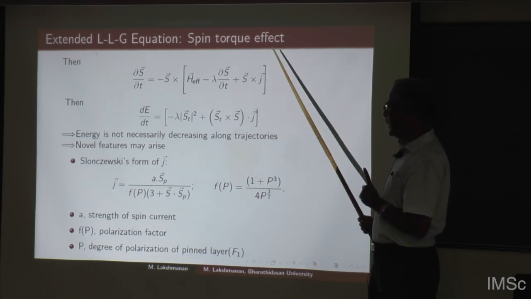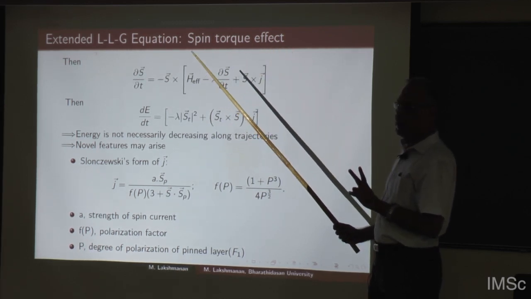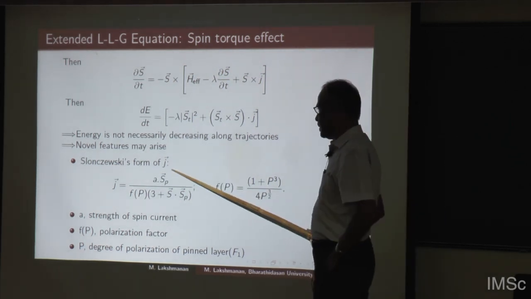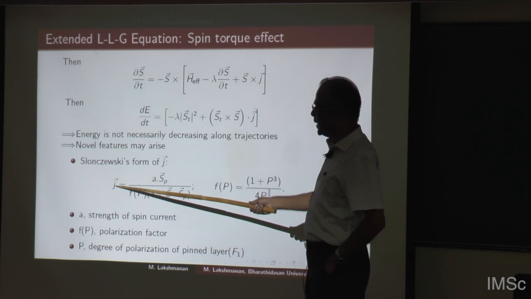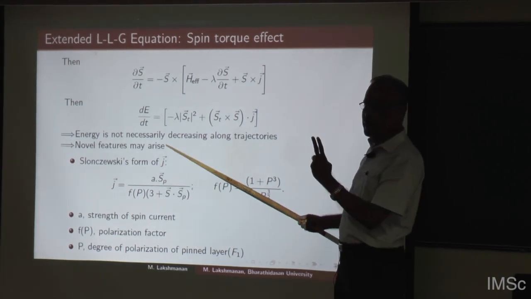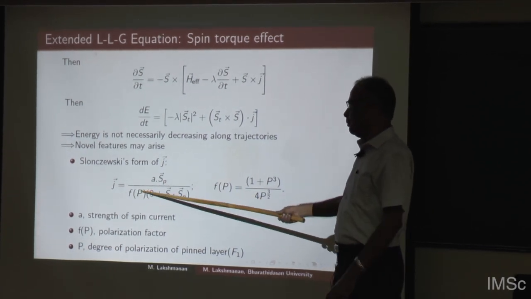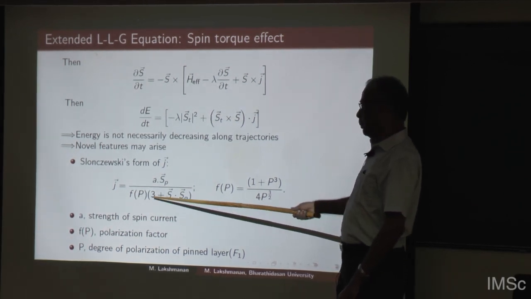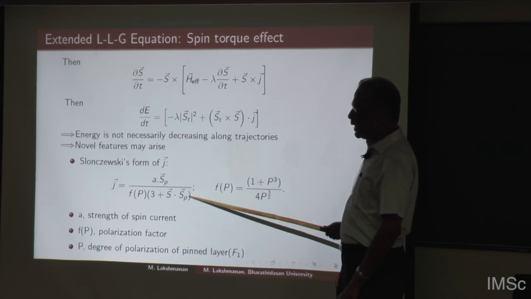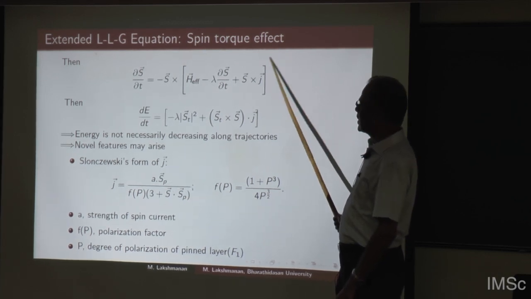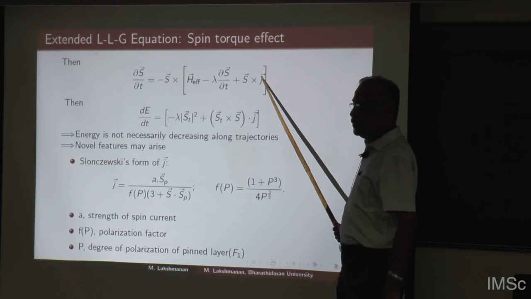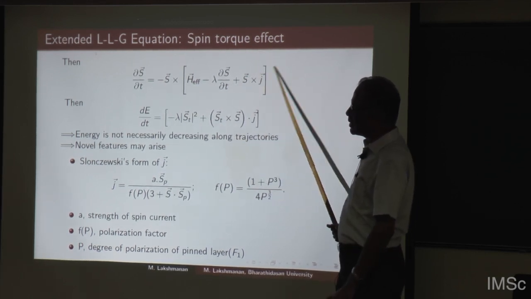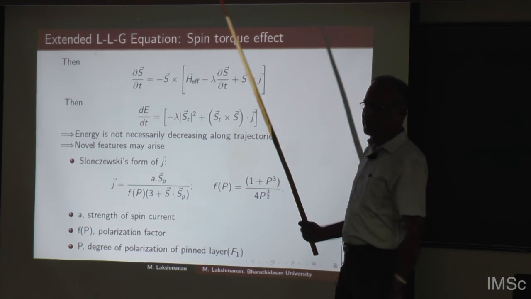But this current comes from the spins, which are polarized, and Slonczewski has shown that effectively the spin current has the polarized spin sp, and then you have some polarization function plus 3 s dot sp. But compared to 3, this can be effectively neglected. So, you have essentially a constant vector sp. So, the effect of this spin current is just s cross sp, the fixed spin.